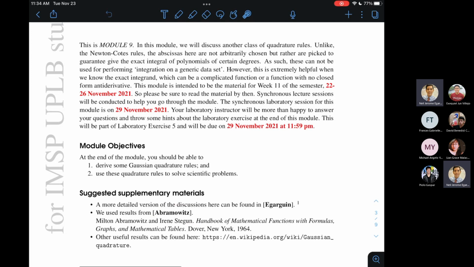Hindi natin ipoprove, isa-cite lang natin siya. Pero amazingly, nung nire-review ko na tong book na to for my dissertation, saka ko lang na-realize, oh, meron palang formula para dun sa weights ng Gaussian quadrature rules. So makikita natin yan later. This, I think, is the first time that I incorporated it in my Math 174 work text. So dinagdag ko lang siya before the semester started.